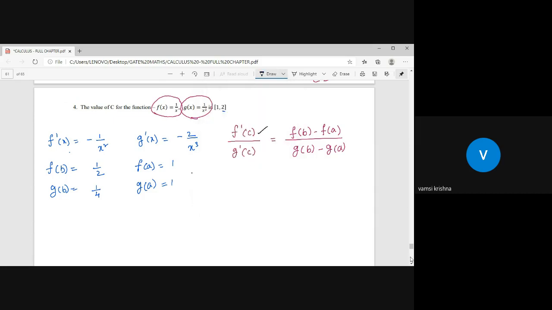Sir, f dash of c by g dash of c. So f dash of x is minus 1 by x square, and f dash of c means minus 1 by c square, divided by g dash of c, which is minus 2 by c cube, equals f of b, which is 1 by 2, minus f of a, which is 1, divided by g of b, 1 by 4, minus 1.